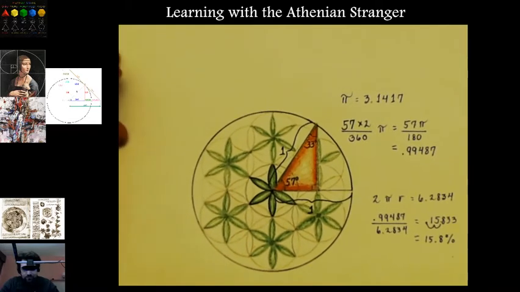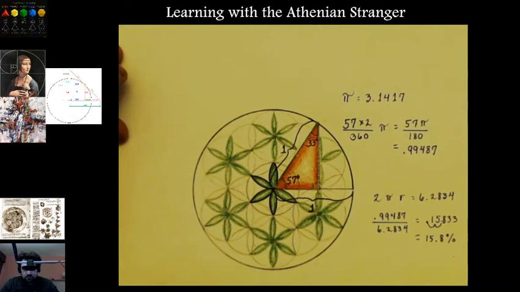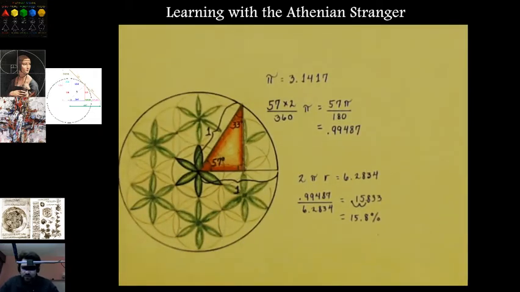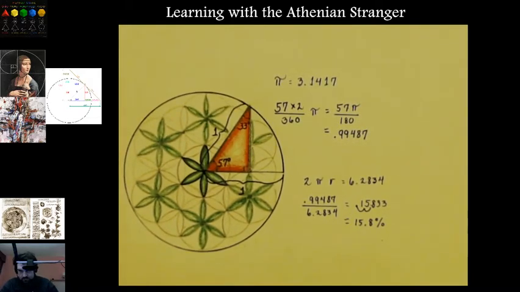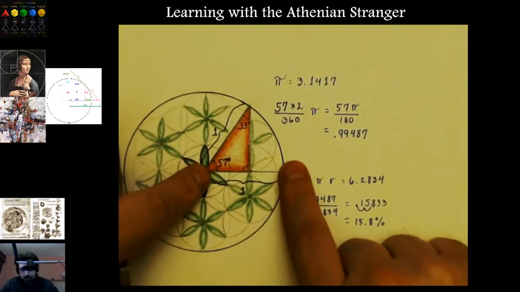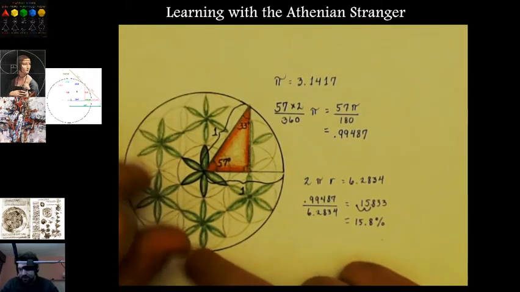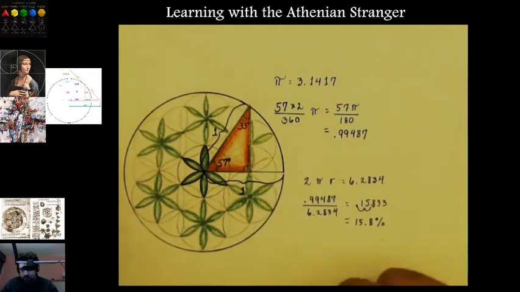Now, let me walk through this in a mechanical fashion. We need the radian measurement in order to continue, and that's all we need. If we know that we're working with a unit circle, and remember, we're not yet back to the initial problem.